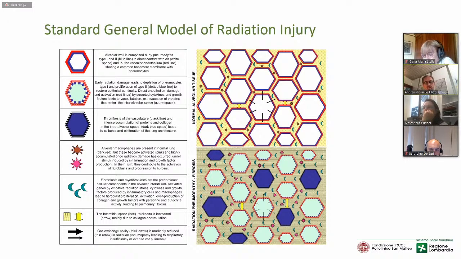At the end, in grade 4, grade 5 cases, obviously we have respiratory failure, which is a rare event in radiation therapy for lung cancer today. But this is what can be. This situation can be reversed by the use of corticosteroids most of the time, so likely what we do for immune-related events, and it is basically a matter of interstitial pneumonitis.